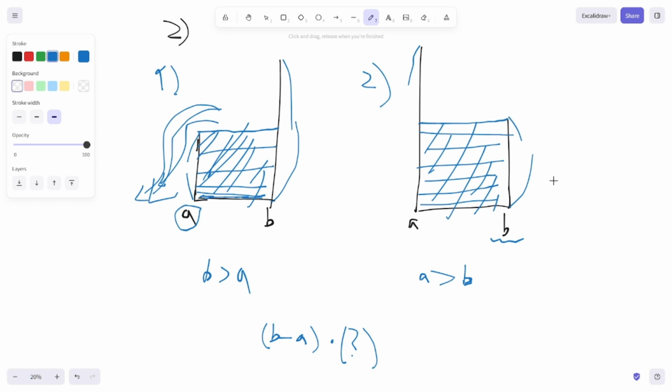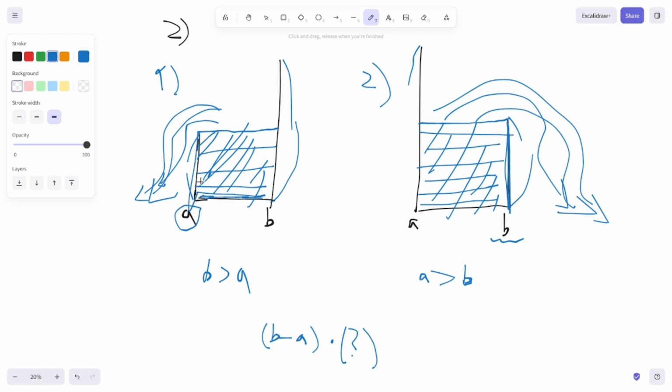In this case, it's going to be this part. The smaller length determines it, because if we fill more, then the water will spill. You get the idea? So the maximum height in the first case is actually A, because A is smaller than B, so it depends on A, if that makes sense.